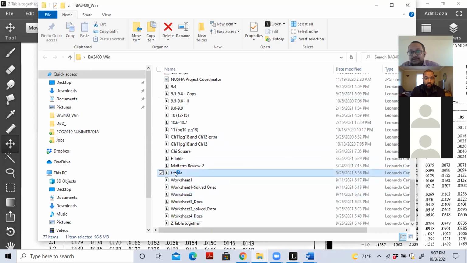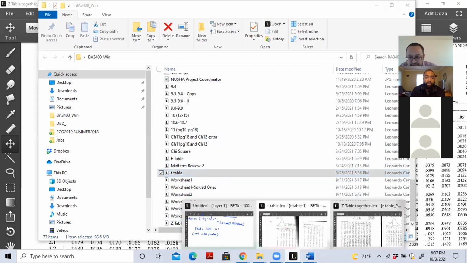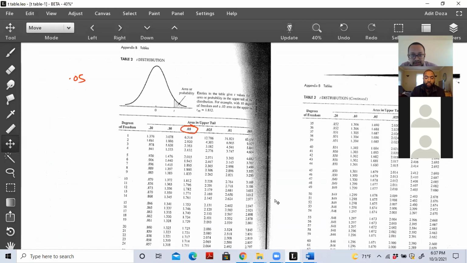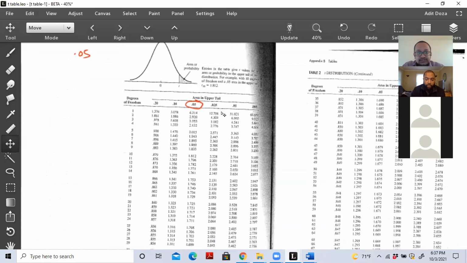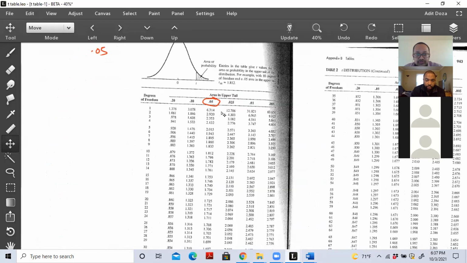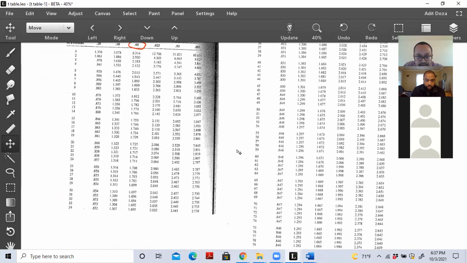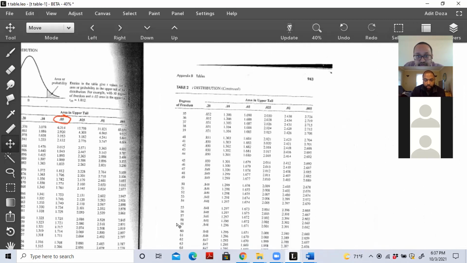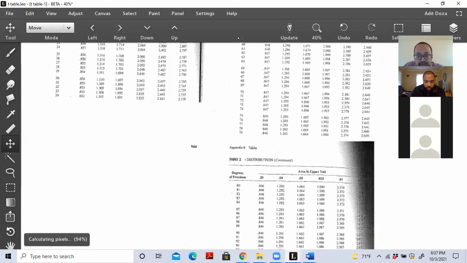Yes, for the T table, let me open the T table. Okay. See, how are you going to find, let's say, 59 and 1.83? This is the upper tail.